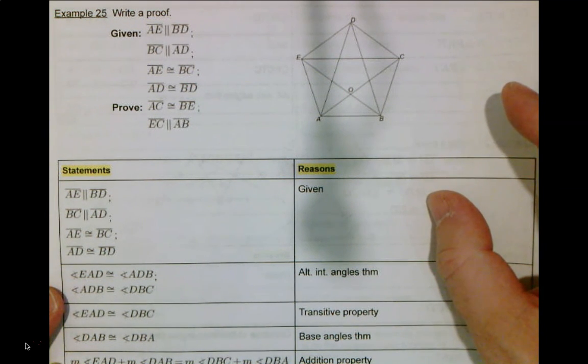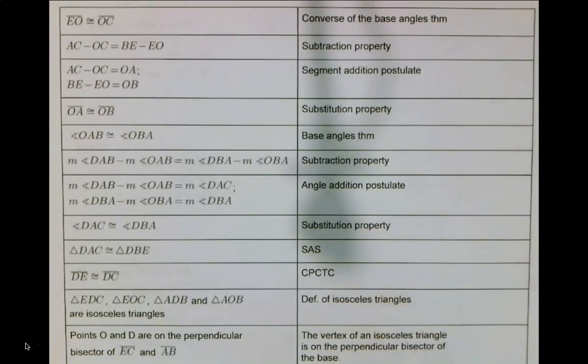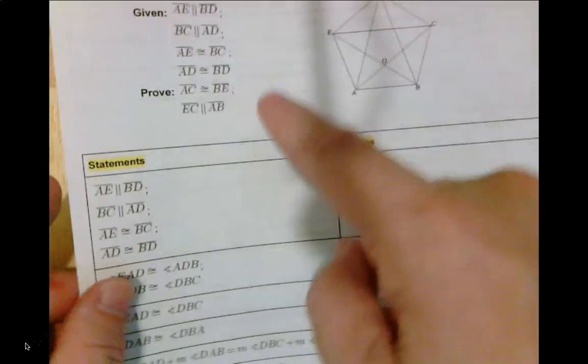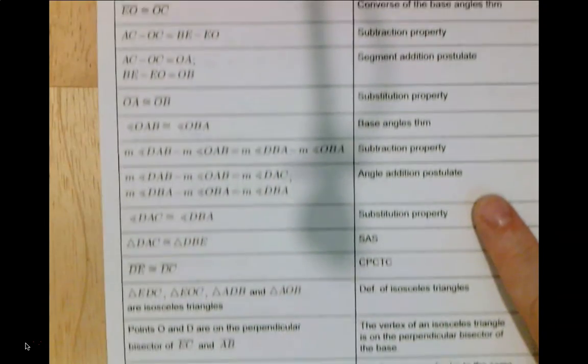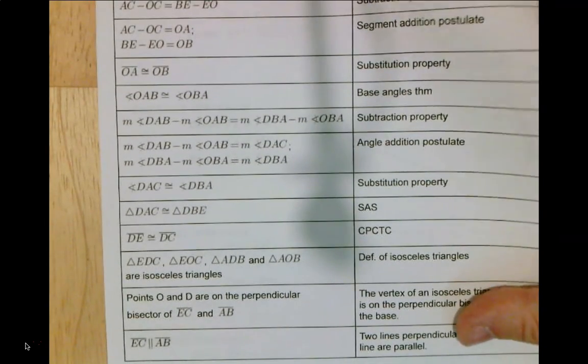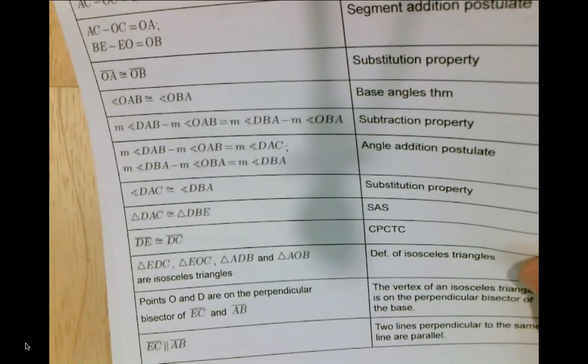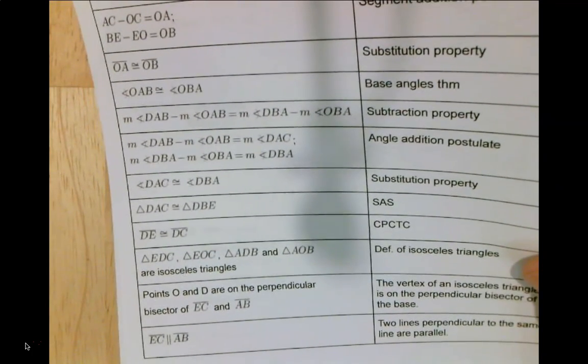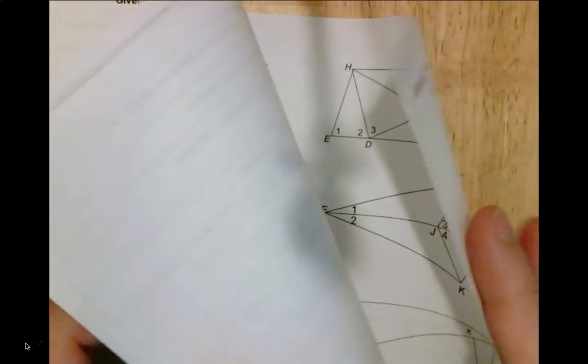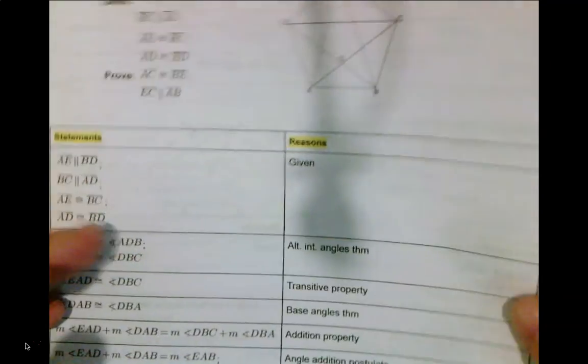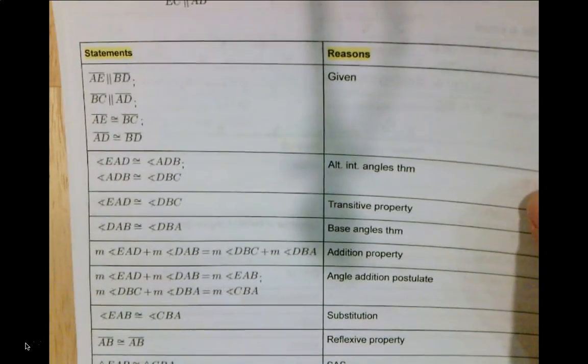You can see that it is this many statements. I believe there are 26 statements here to get this proof done. It's one that we just don't have the time to go through in this video.